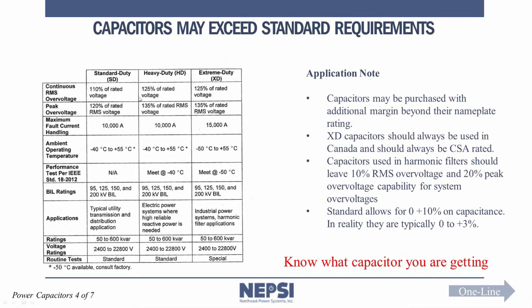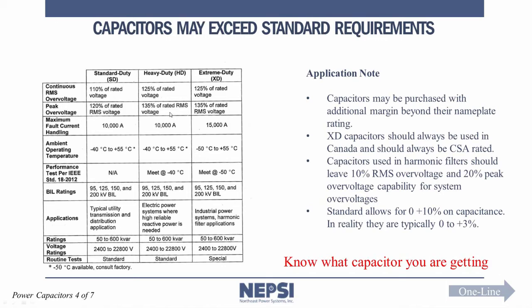The typical cost to go from a standard duty to heavy duty is not all that significant. So in general, we always recommend going with heavy duty capacitors because there's not a significant cost associated with it, and you do get a pretty good additional design margin of 15% on the continuous RMS voltage, and also on the peak voltage.